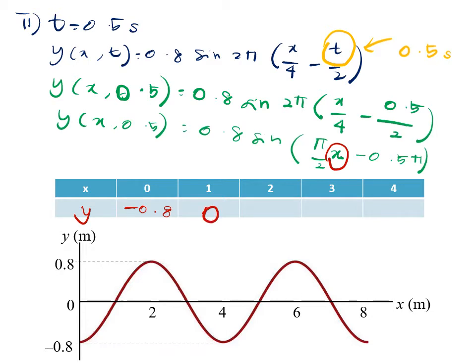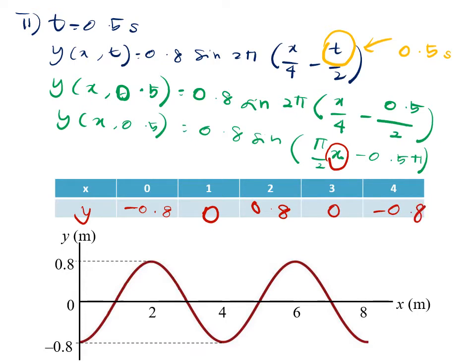Okay, so this shows you a sinusoidal waveform. Okay, 0.8, 0 and negative 0.8.